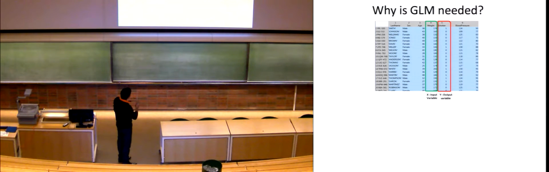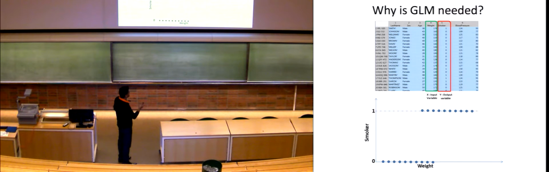But let's take another example. For simplicity, I just have one input variable, and the output variable is smoking. If I try to plot this data on a scatter plot, my x-axis is weight, y-axis is smoking, and I can have this situation. Now, if I wanted to use linear regression, I will try to fit a line, right?